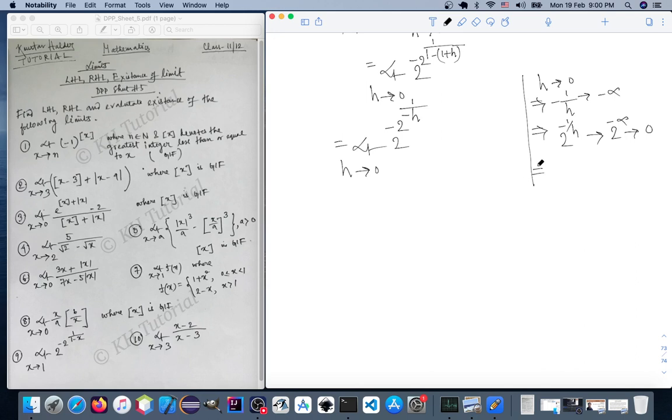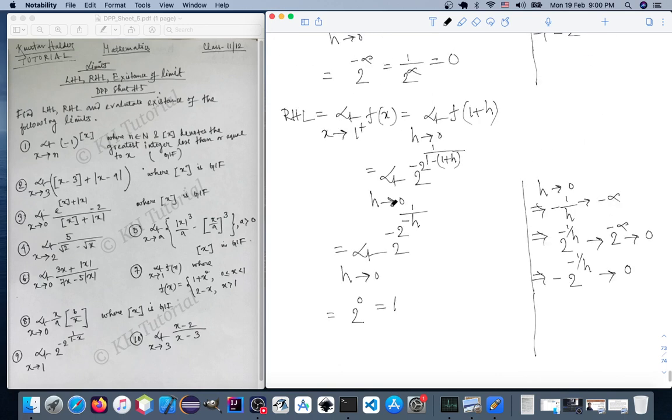This implies minus 2 to the power minus 1 by h is also tending to 0. So this equals 2 to the power 0 equals 1.